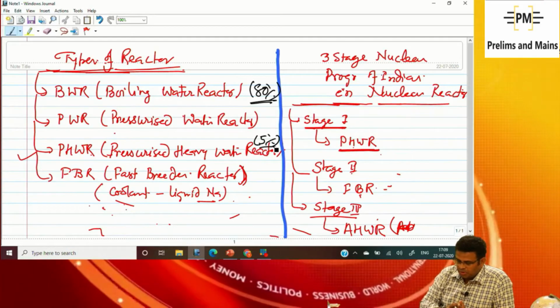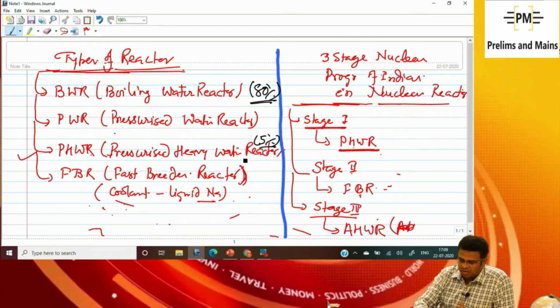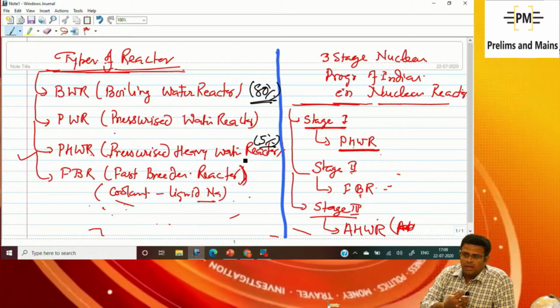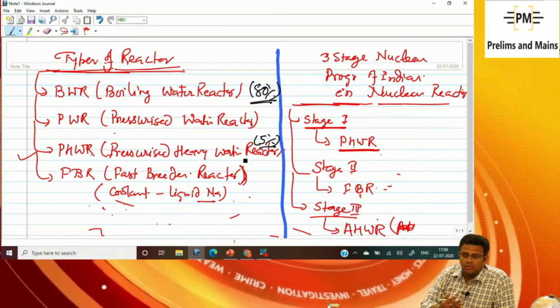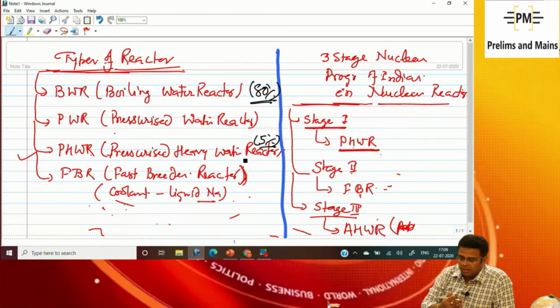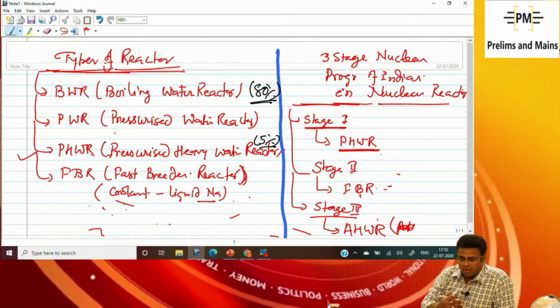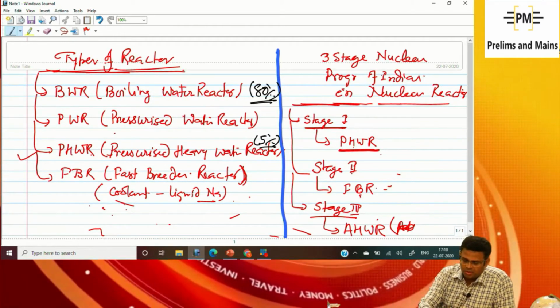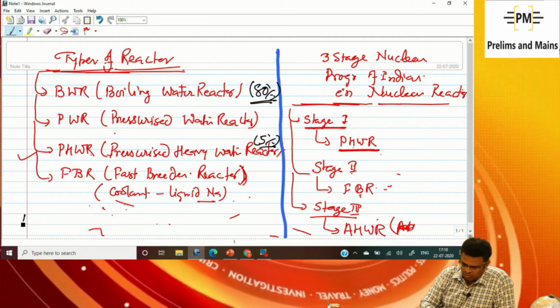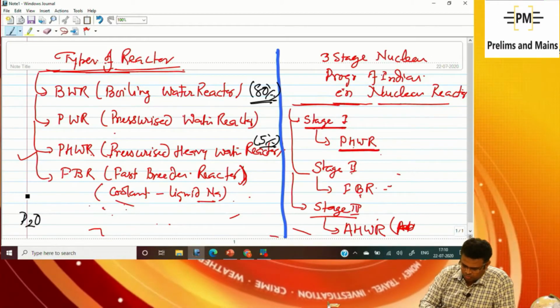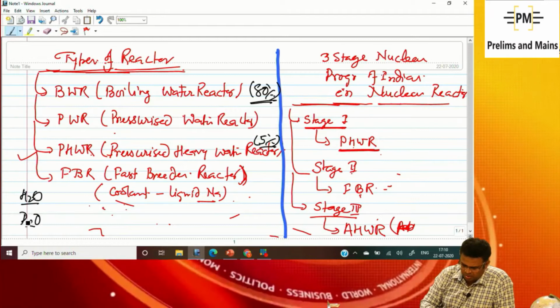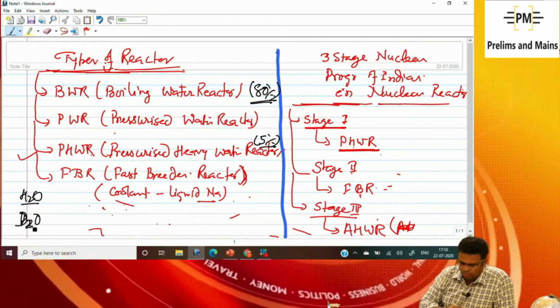The pressurized heavy water reactor was adopted by Canada, so it is also known as CANDU. Heavy water, you know, is deuterium oxide. Water is H2O, heavy water is D2O.